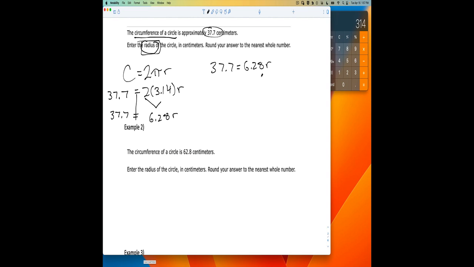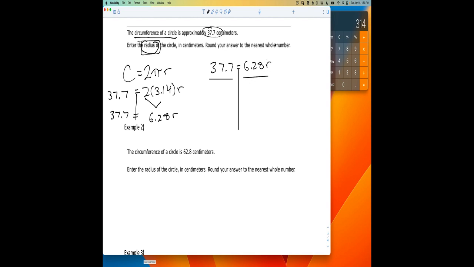What would I do to both sides, Hunter? This is an equation. I have 6.28 times R. What's the inverse or opposite of multiplying? What do I divide both sides by, Hunter? Take a guess.